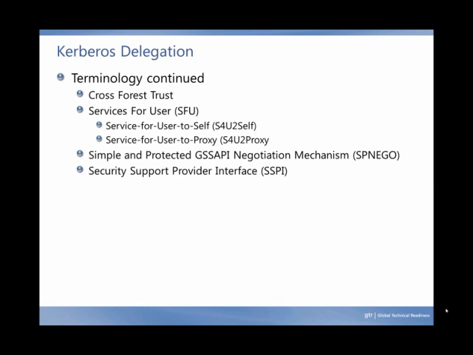Services for user to proxy allows an administrator to control exactly which downstream services can be accessed using the S4U2Self token. This is what is otherwise known as constrained delegation. SPNEGO, a standard for embedding authentication negotiation into network traffic.